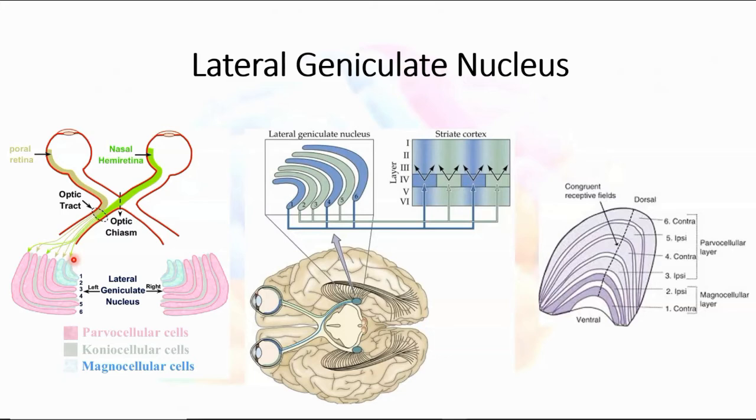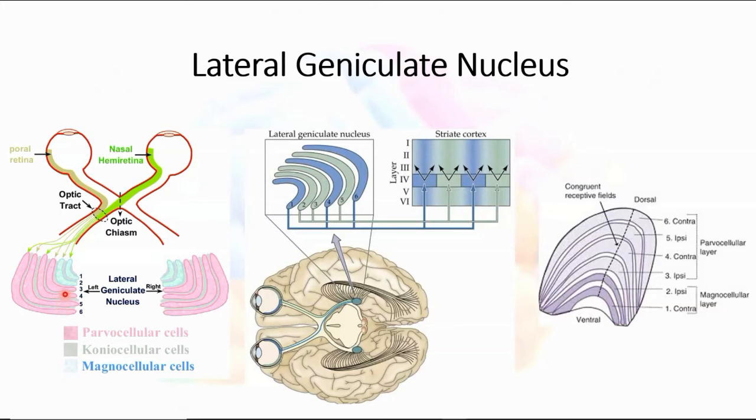Input from the ipsilateral eye or temporal retina is projected onto layers 2, 3, and 5, while inputs from the contralateral eye or nasal retina are projected onto layers 1, 4, and 6. Each layer of the LGN accommodates an organized topographic map.